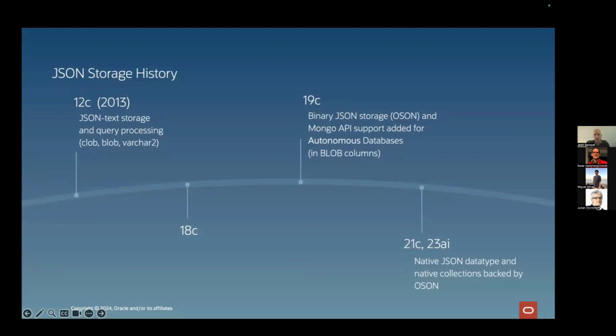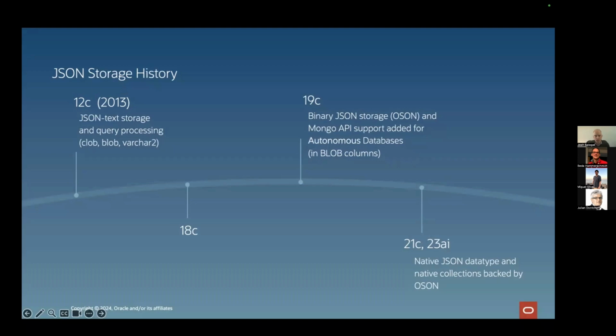But things have been getting interesting more recently. In versions 19, 21, 23, we've started to store JSON in this binary encoded format we call OSON, instead of just storing it as plain old JSON text. And it's not just Oracle database where this is happening. So that slide I showed with the top 10 databases, a few slides back, all of them now support some form of a binary encoding for JSON.